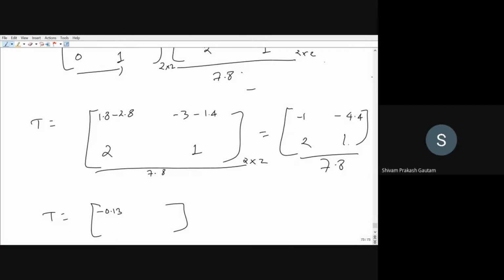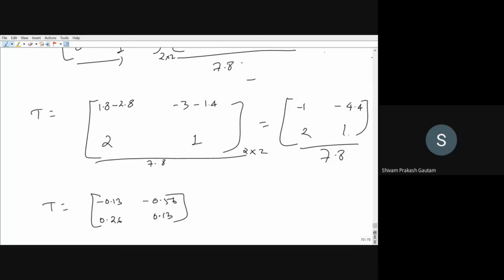And 4.4 divided by 7.8? Minus 0.56. 2 divided by 7.8? 0.256. So let us say 0.26. And the last one, 1 divided by 7.8 will be equal to again 0.13. So this is your T matrix. We have calculated the T matrix.